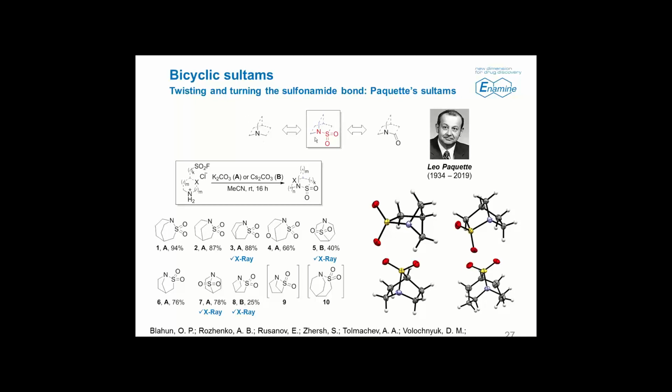Unlike the parent amine, these sulfonamides have no basic properties.